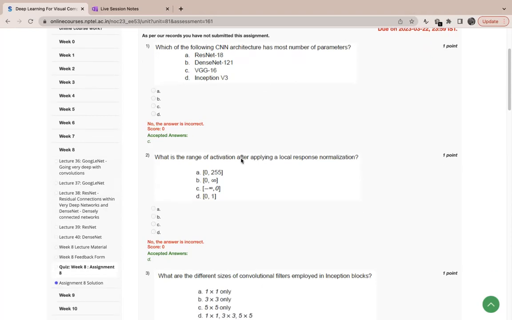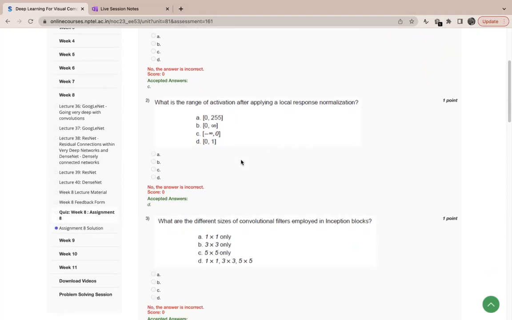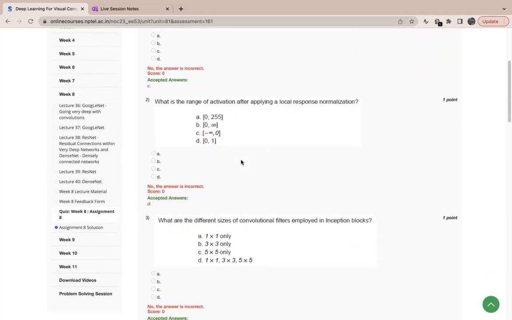Then what is the range of activation after applying local response normalization?